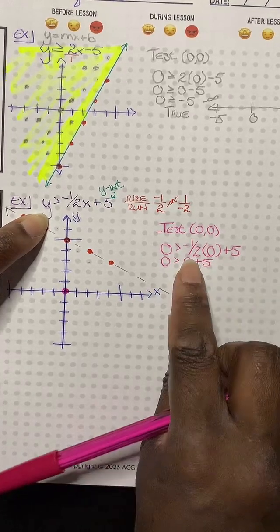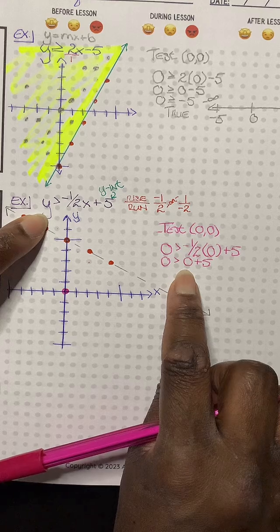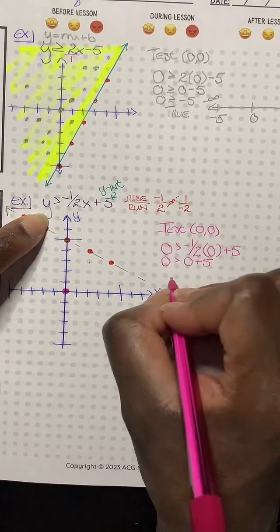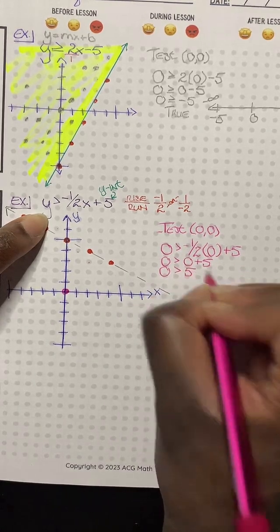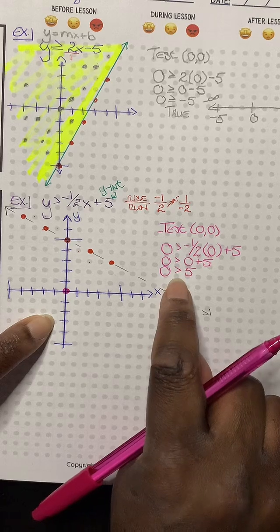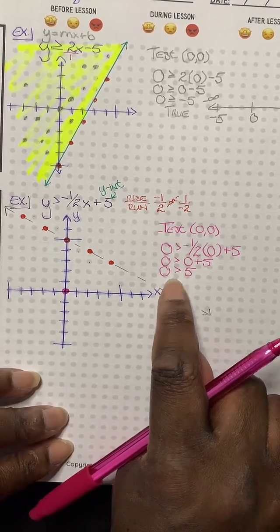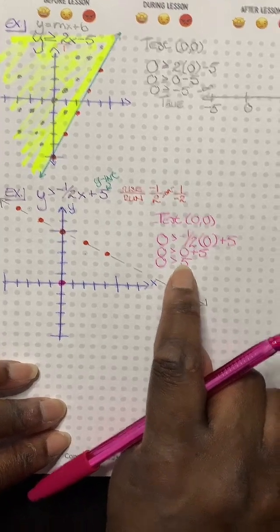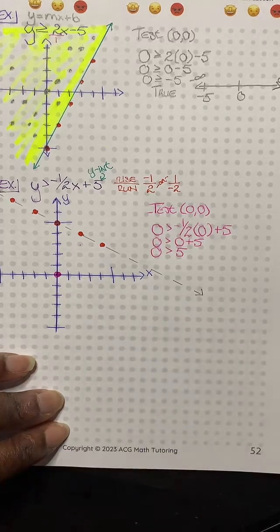So that means -1/2 times 0 is equal to 0. 0 plus 5 will give me 5. So, is this a true statement? 5 is greater than 5. Is this a true statement? Yes or no? Put it in the chat.